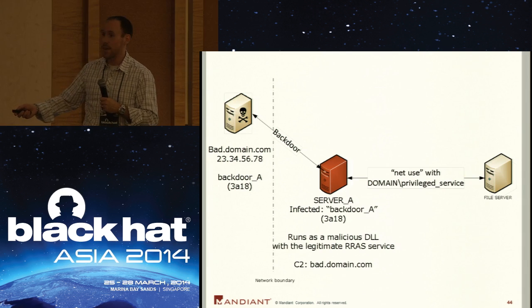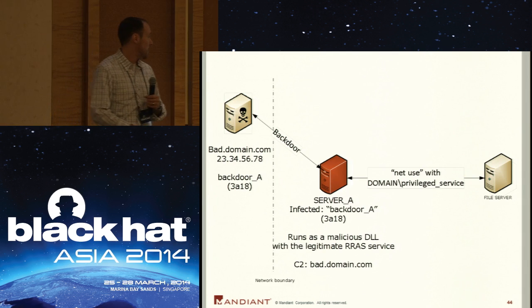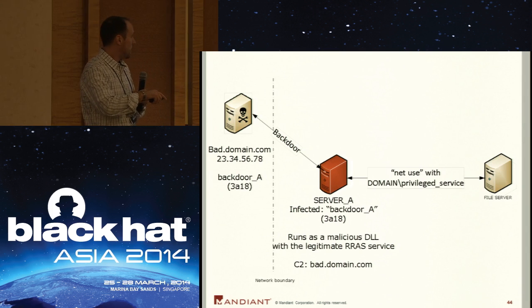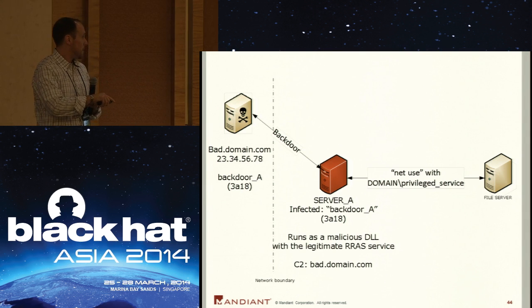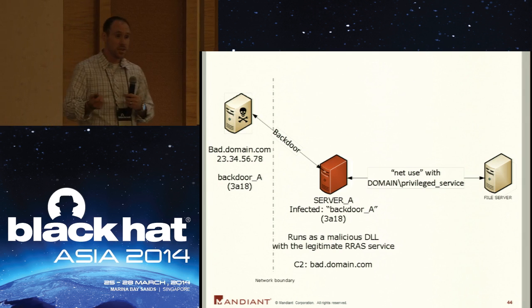So this is the example that I want to use to explain this process. If you picture a server that is infected, it's got backdoor_A, and it's communicating with baddomain.com, which currently resolves to 2.3.4.5.6.7.8. This particular backdoor is running as a malicious DLL that's associated with a legitimate Windows service.